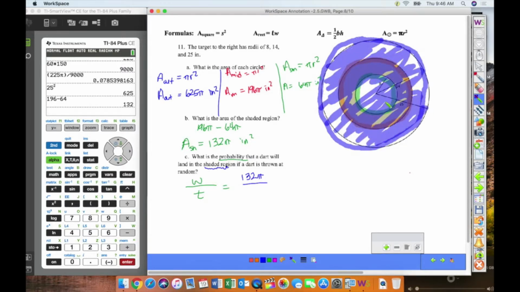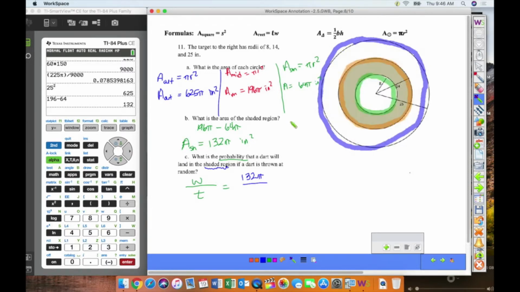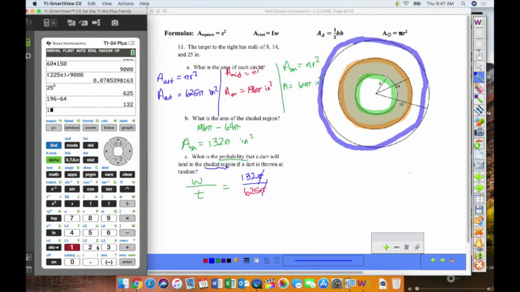So that blue circle, we found his area also. That thing is 625 pi. And the cool thing about keeping it exact is when you've got the same thing upstairs and downstairs in a fraction, like you got a pi over pi, it totally cancels each other out. So we got 132 divided by 625. We don't even need the pi's.